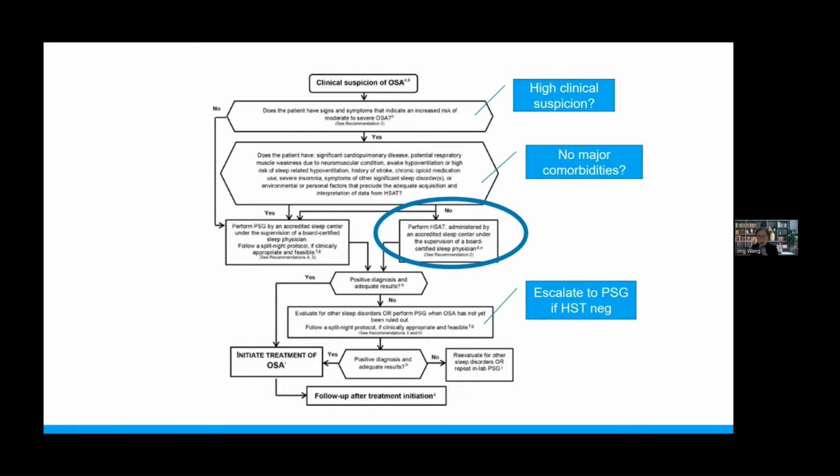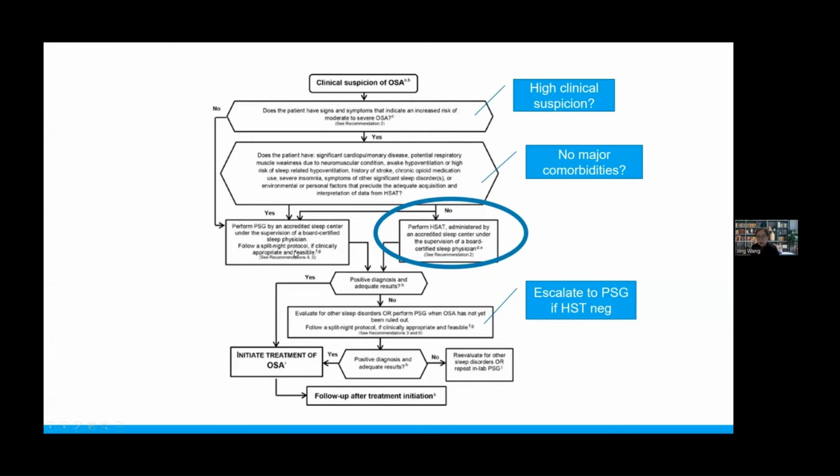And I'll go over sleep testing in a minute. But if the patient has any other significant cardiopulmonary disease, or is at risk for these other more complicated types of sleep disordered breathing, like the hypoventilation, like the central sleep apnea, then that patient would be better served undergoing an in-lab sleep study.